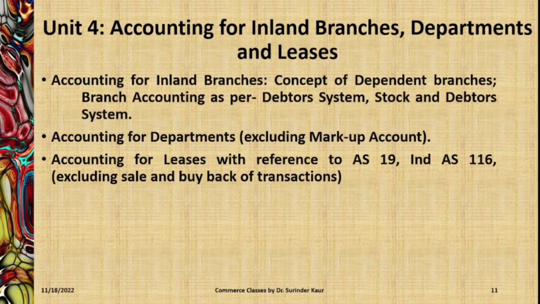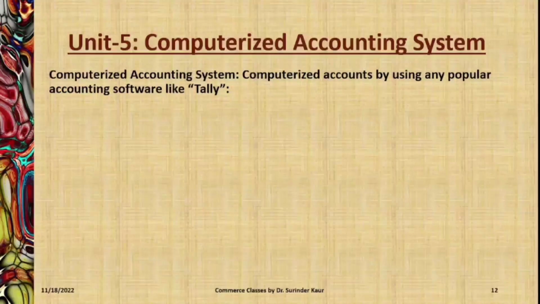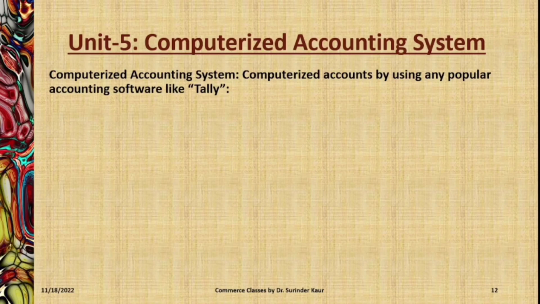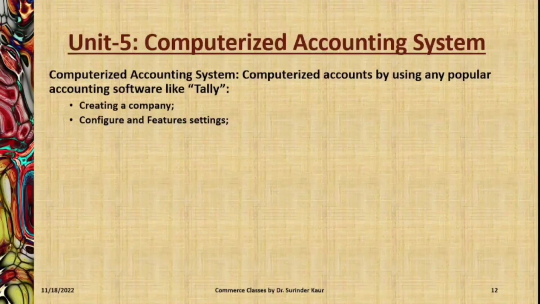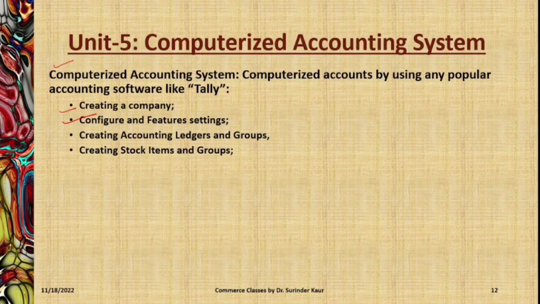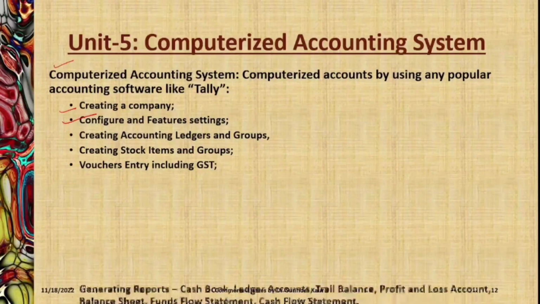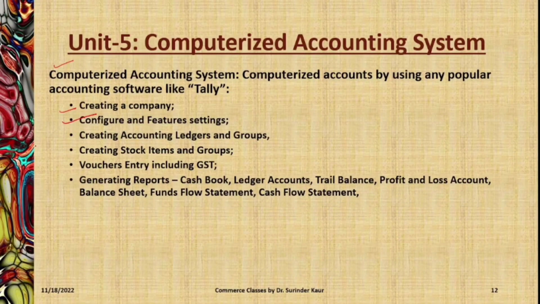So we'll be studying accounting for these 3 types of businesses, again with reference to relevant accounting standards. Finally, computerized accounting system we have. We usually do it using a software called Tally, and this includes creating a company, configuring and its setting. Then you have creating accounts, ledgers, groups, stock items, voucher entry, then generating reports.